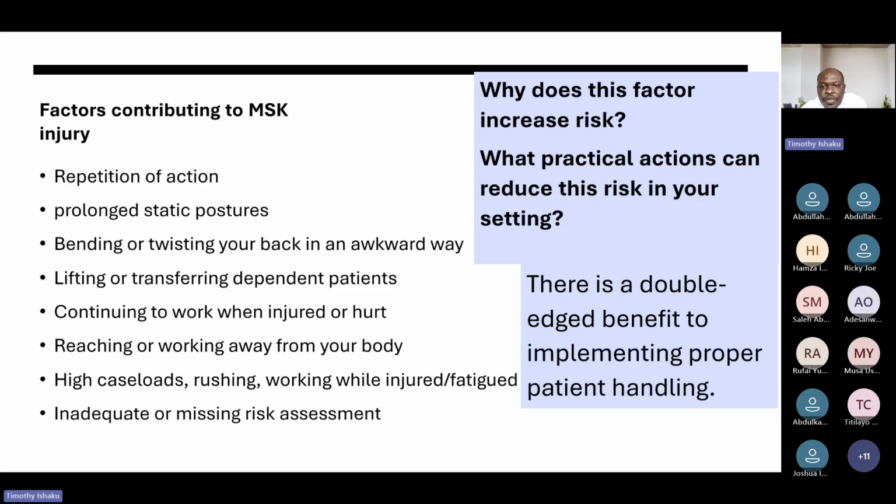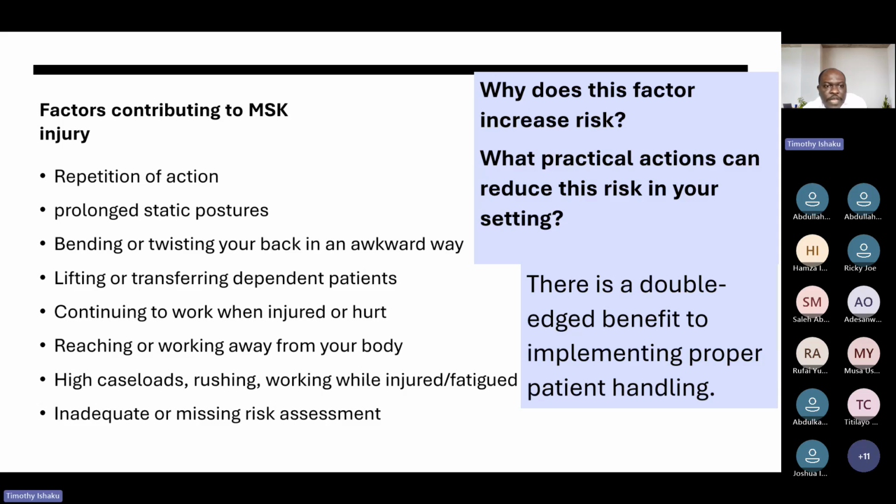Repeated movements can cause our muscles to be fatigued, to get tired. Repeated movement overloads our tissues. So it's the cumulative strain over time when we are doing these things over and over again. Here it is not a question of whether we are using a wrong technique.